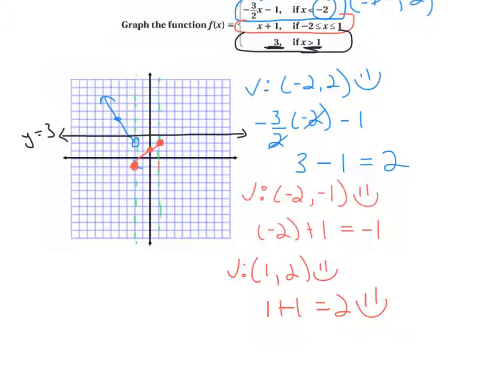So I'm going to do that. A little bit more. And then I'm going to have an open circle. Open circle. There we go. And then I would check that endpoint.